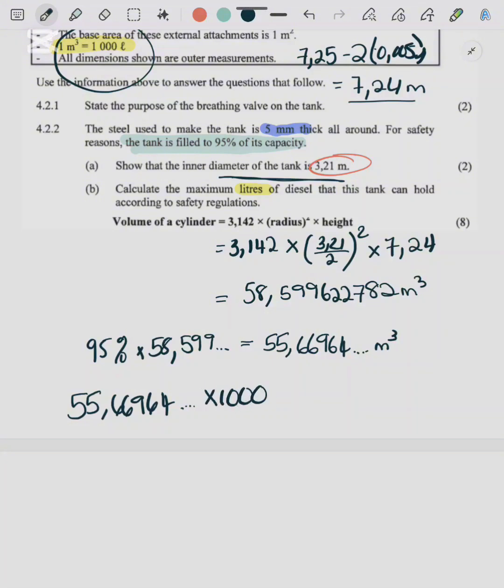Times by 1,000 will give me 55,699,64 liters, and therefore you can approximately round that to 55,699,64 liters. Remember, you always show it unrounded first before you round to decimal places.